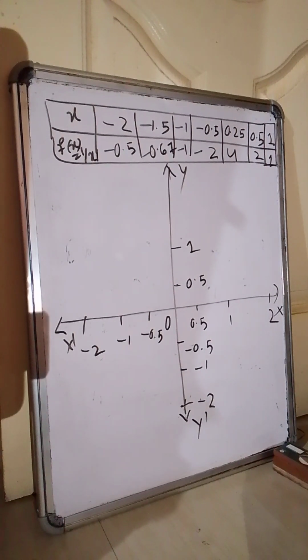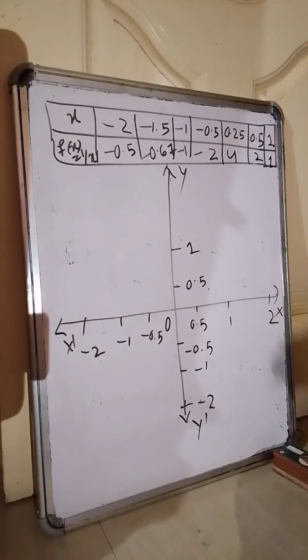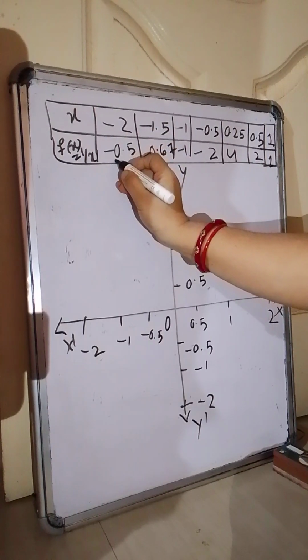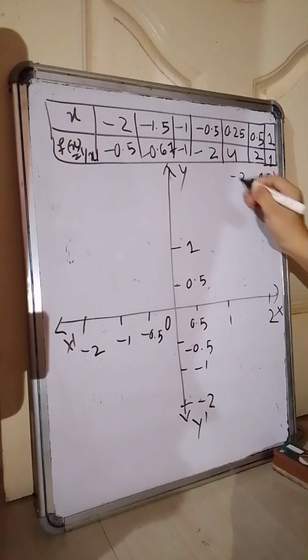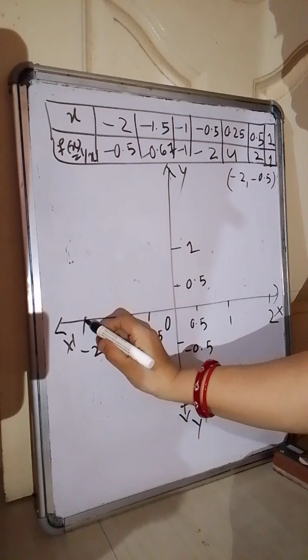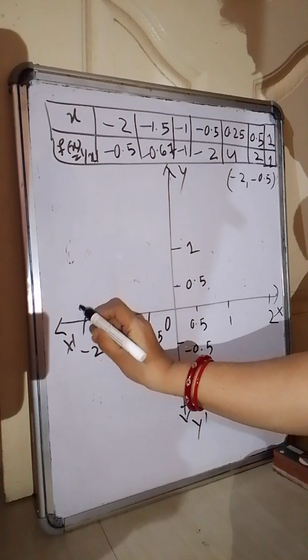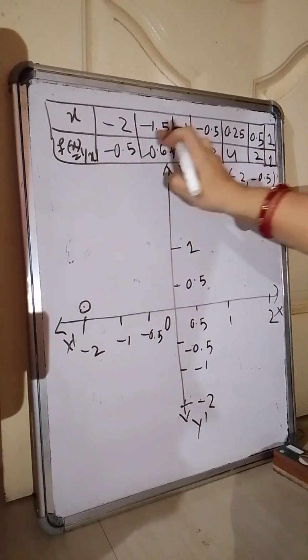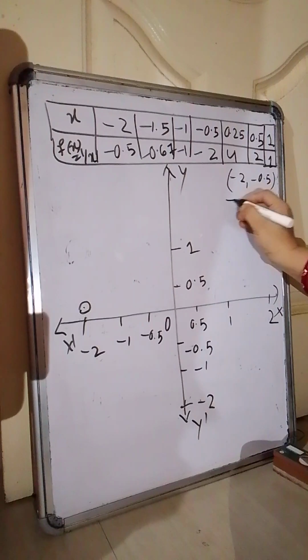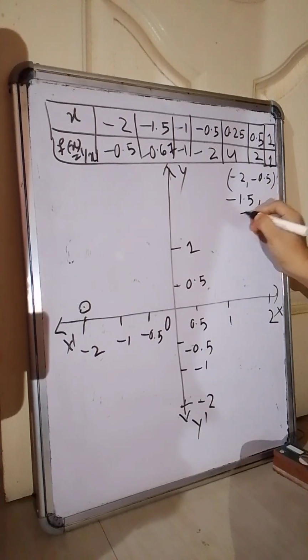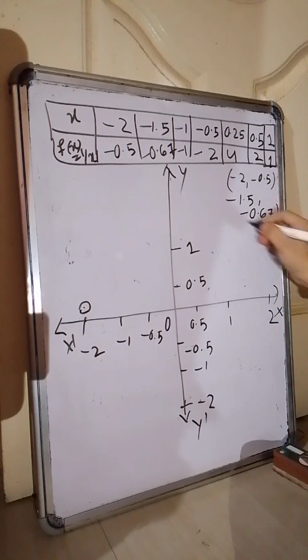Now if you want to draw the graph, when x is minus 2, y is minus 0.5. Minus 2, minus 0.5, this is the point. When x is minus 1.5, y is minus 0.67.